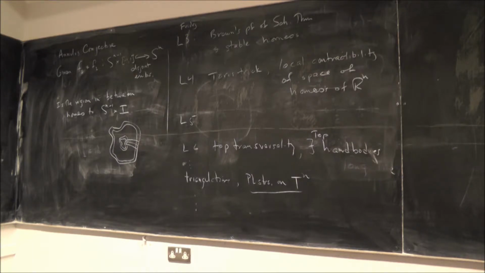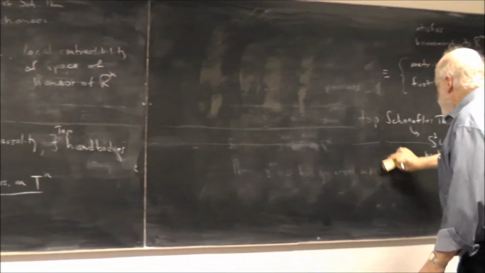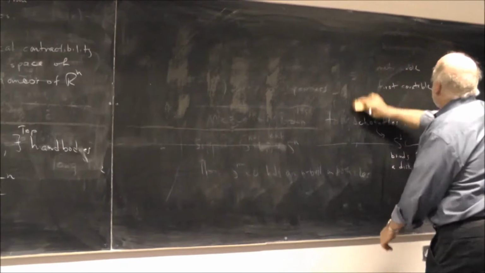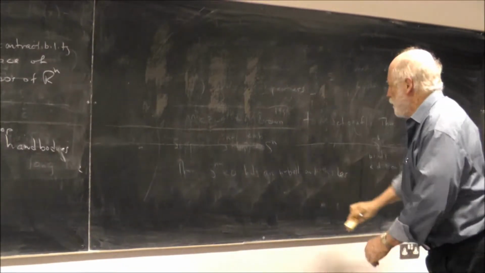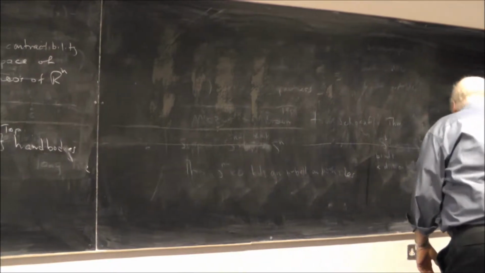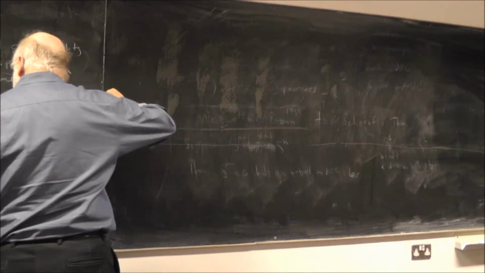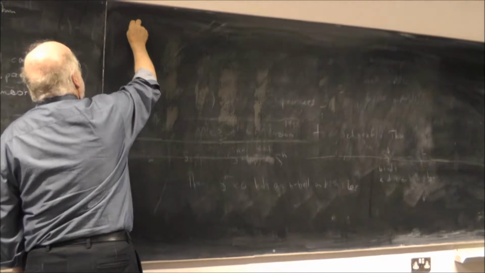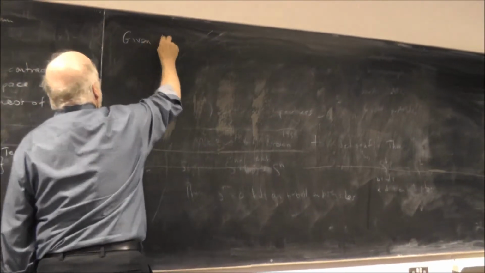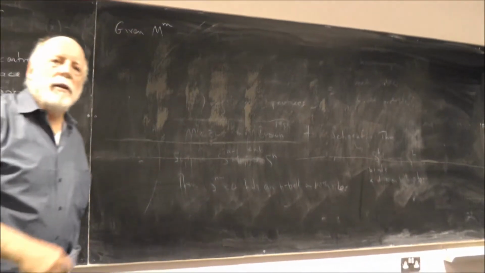So maybe I should, again, since this is kind of a general lecture, let me state what these theorems are about triangulations, so that you'll know what's coming. So, right, the statement is that given a manifold, I'm not going to do the most general version where the manifold has a boundary.